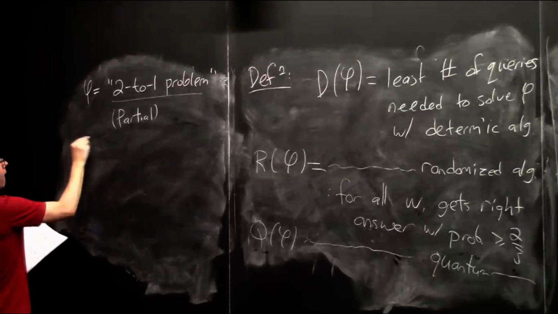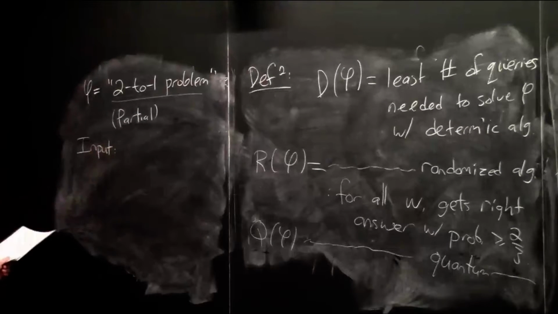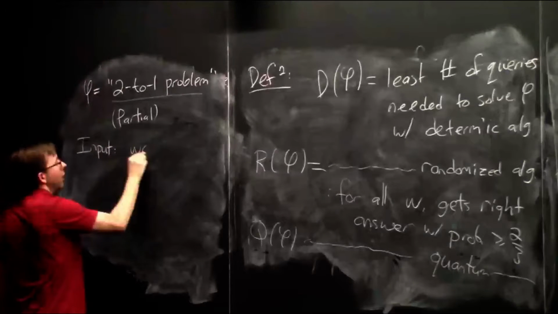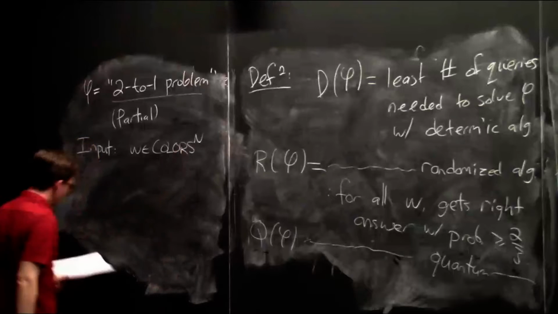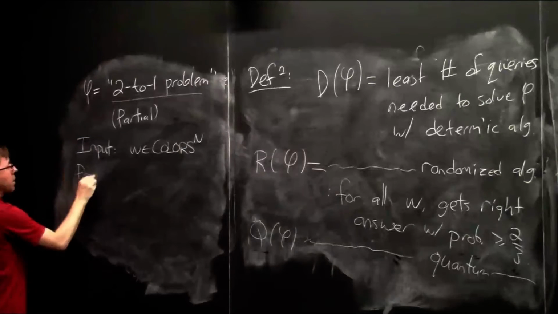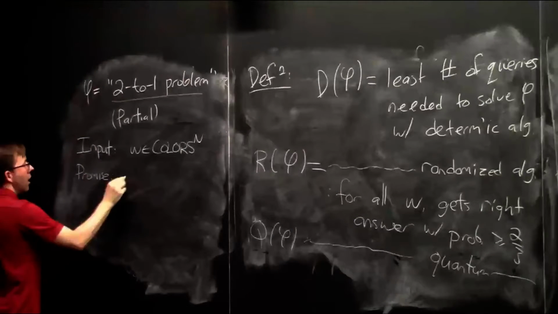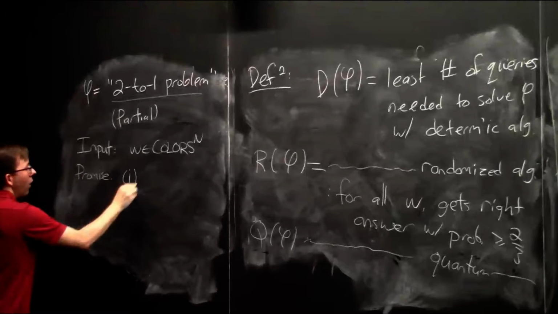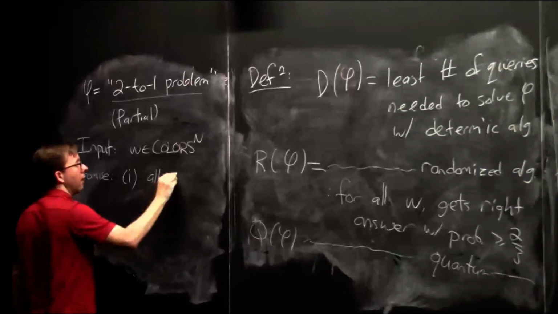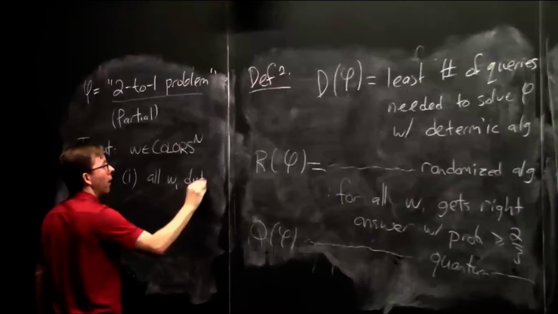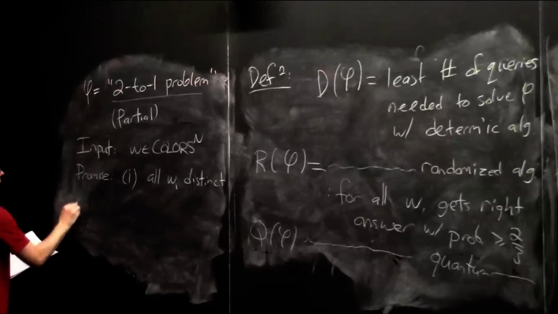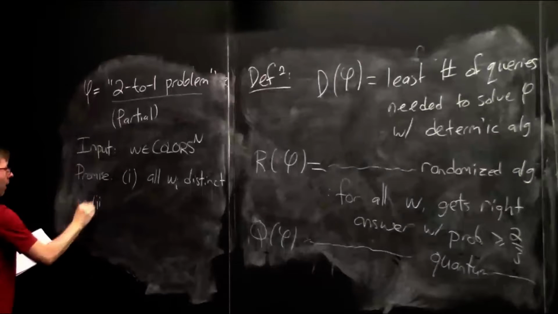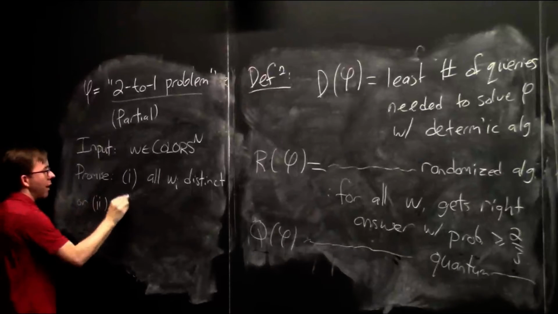So the input is some string in colors to the n, as in Simon. And there's going to be a promise, but it's a much weaker promise. Either 1, all the colors in W are distinct. That was one of the two cases in Simon as well. Or 2, the colors come in pairs.